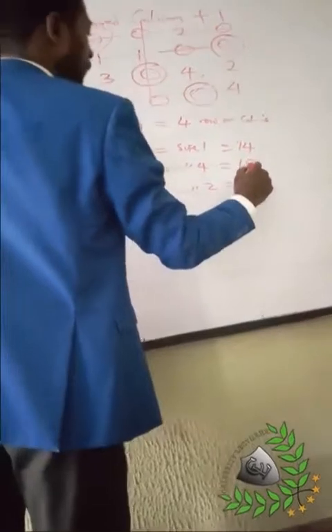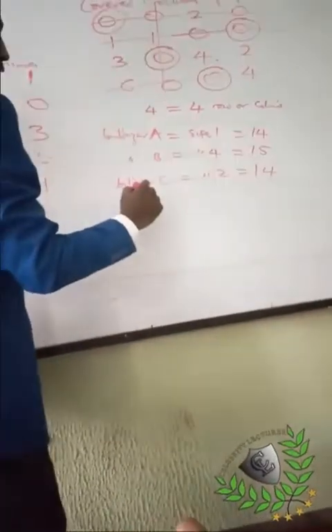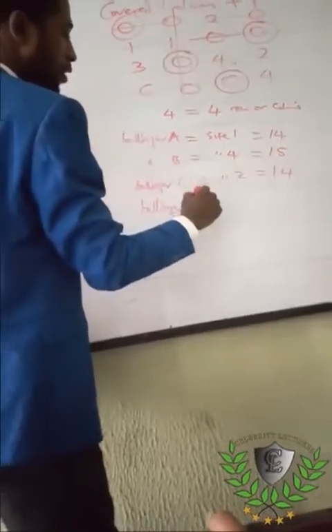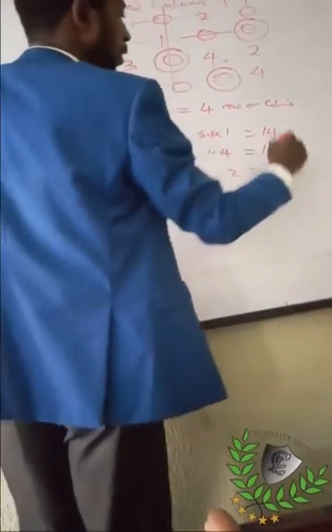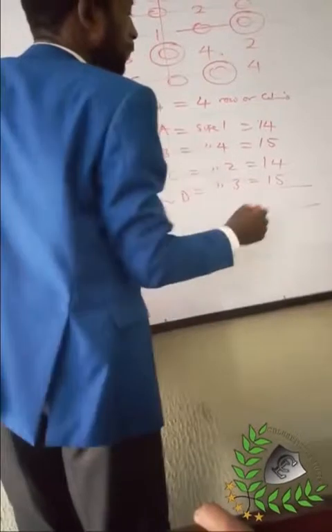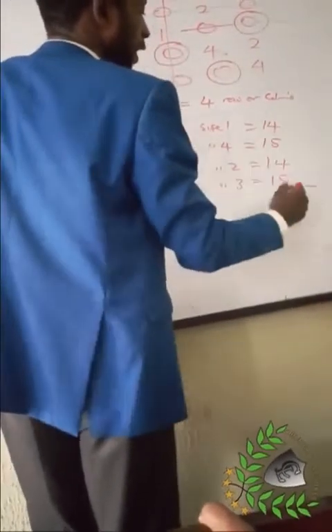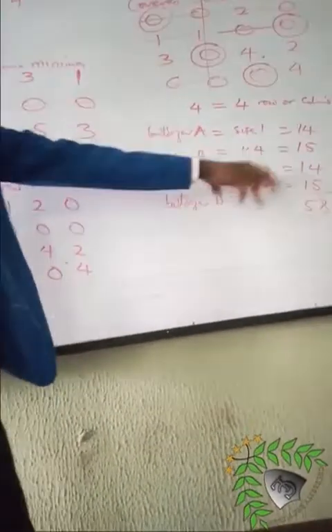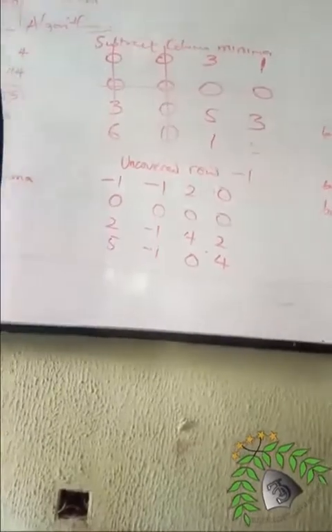And bulldozer D equals site 3, which is 15. We now add all together. That gives us 58, because it's 9, 9, 18, carry 1, that's 58.